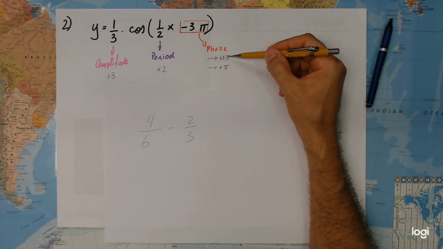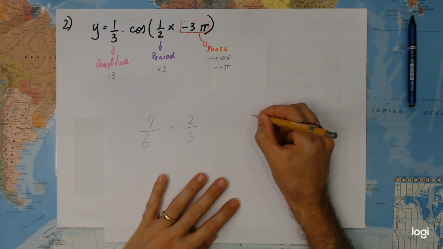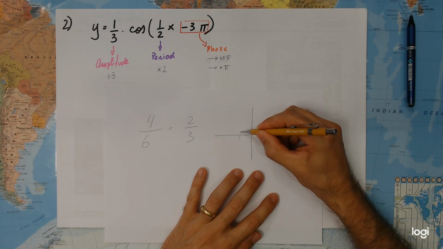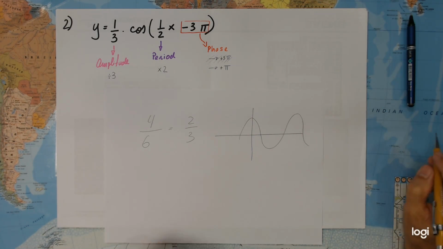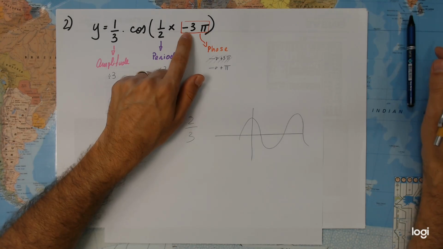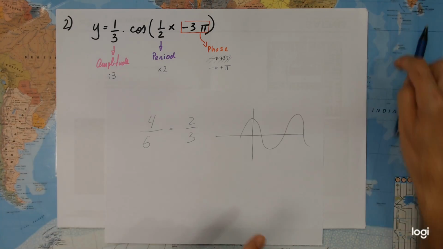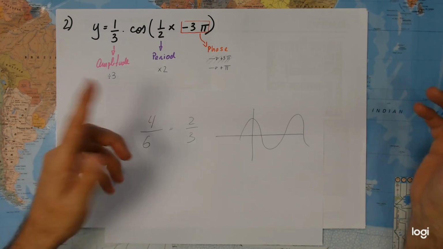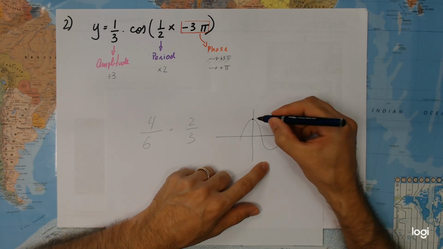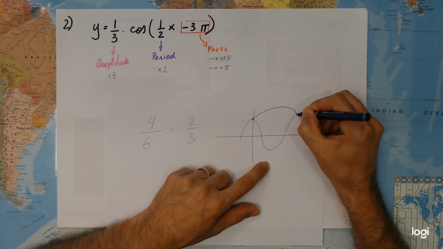Is it wrong to say that we are going to shift 3 pi? No, it's not. Because it goes like this. What is the cosine? The cosine is something like this. And if, let's suppose this is -2 pi, we shift this curve to the right by 2 pi, this peak is going to land on this other peak.